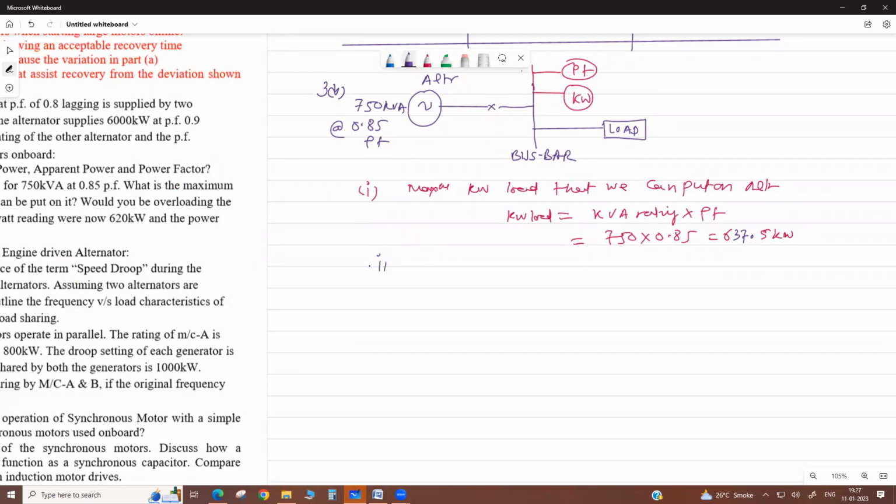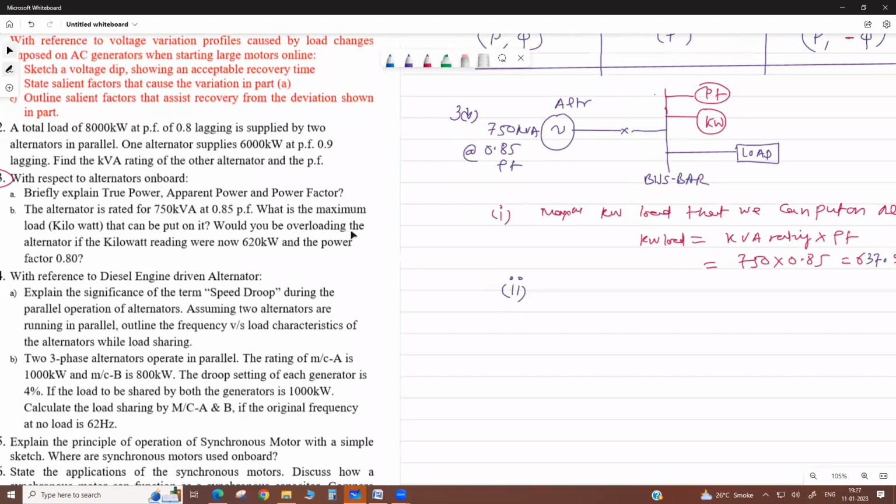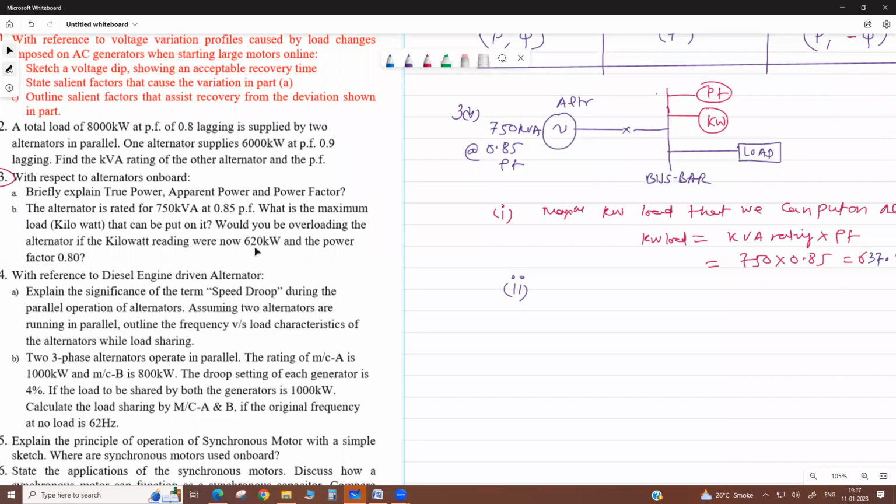Second, he said that if the actual operating kilowatt reading is 620 kilowatt and the power factor reading is 0.80, what would be the overloading of the alternator?